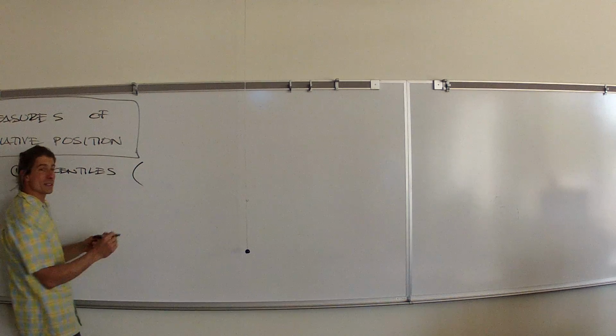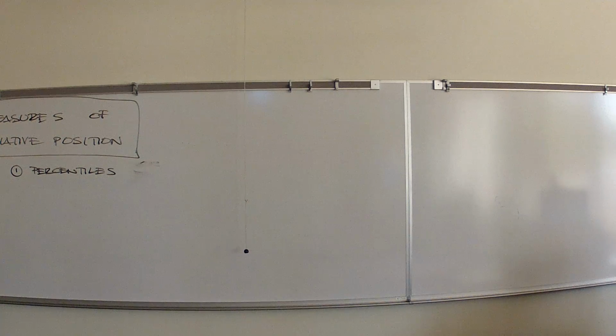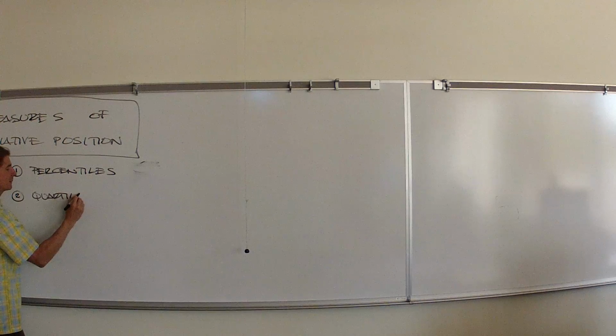Some of the ones that aren't used very often, we'll just verbalize. They use deciles, and sometimes quintiles, and sometimes octals, and there's all kinds of different things. But the one that gets used the most are called quartiles, okay? So quartiles, what I want to do is talk about that a little bit today.